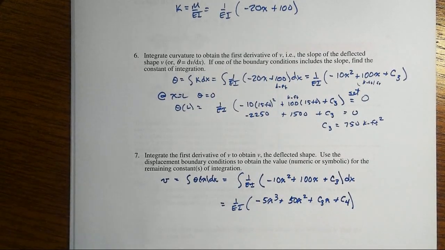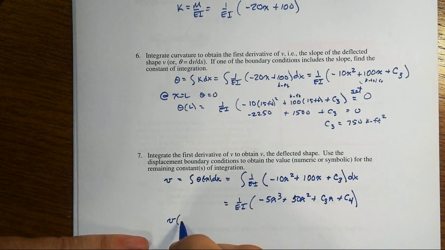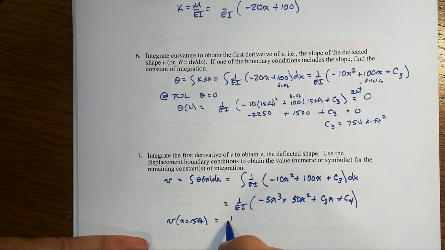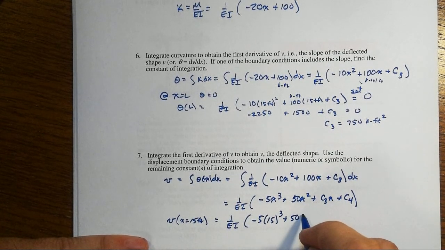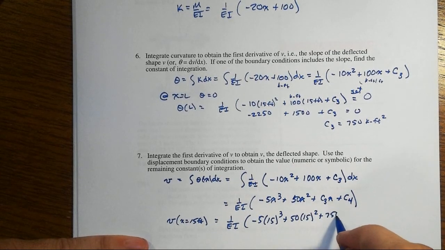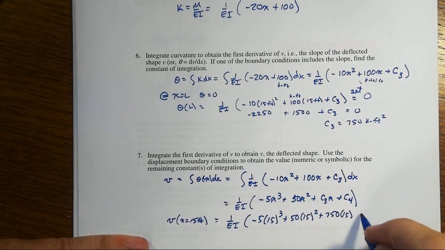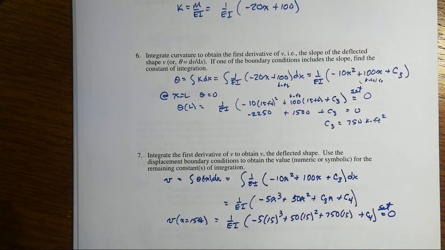And, wow, okay. So now the displacement boundary condition is that V at x equal to 15 feet is going to be 0. 1 over EI times minus 5 times 15 cubed plus 50 times 15 squared, plus C3 was 750 times 15 plus C4, and that all has to be equal to 0.